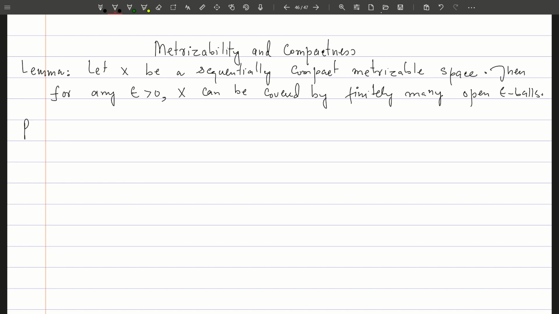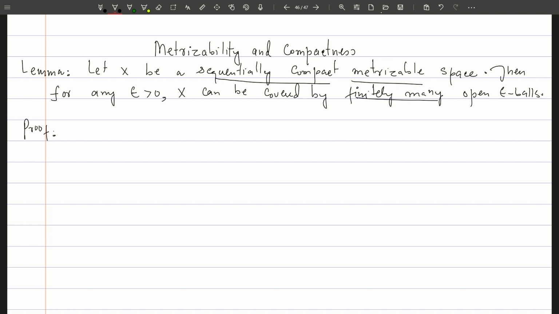So let us prove this. We are given that the space is sequentially compact and metrizable, and we have to prove that if we choose any epsilon, then X can be covered by finitely many open epsilon balls.